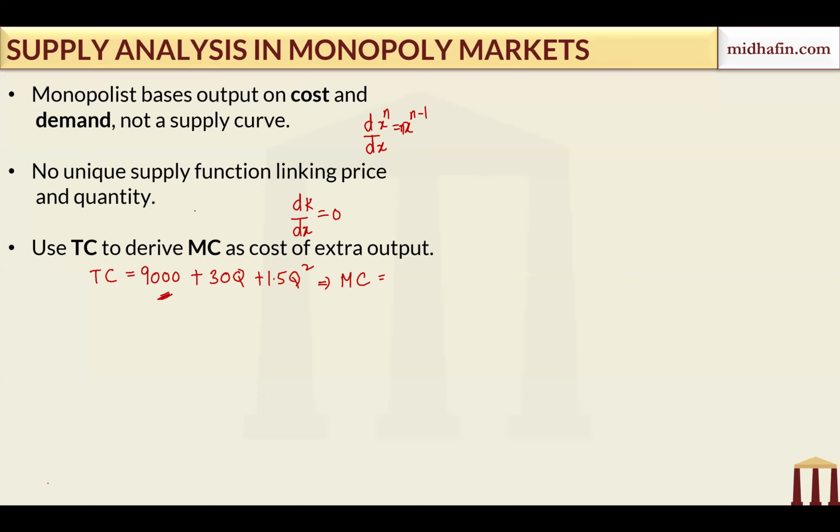Absolutely, 3Q plus 30. Perfect. So the derivative of the first term becomes 0, plus for 30Q it will become 30, and for 1.5 Q square, since 2 will be multiplied to 1.5, it will become 3Q raised to the power 1. So 30 plus 3Q, absolutely correct.